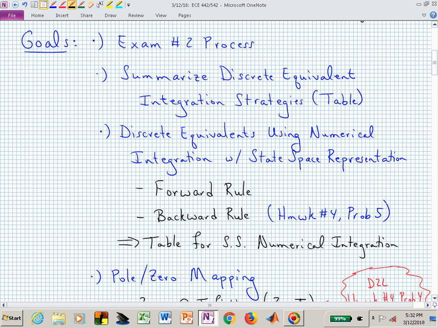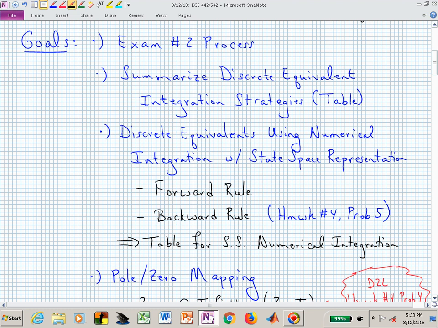We'll hopefully go through the backward rule and the forward rule, looking at how we find formulas in terms of A, B, C, and D in continuous time that we can immediately plug in to obtain a phi matrix, a gamma matrix, an H matrix, and a J matrix for the discrete time state space representation.